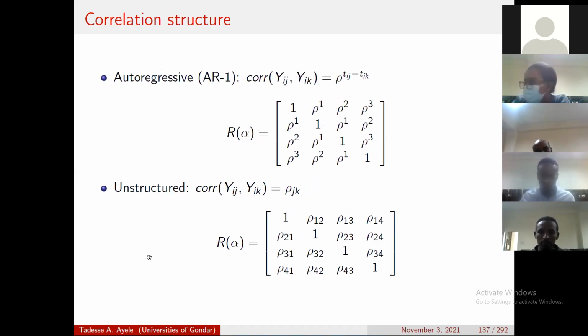The third one is autoregressive, order one. For autoregressive, if the correlation of the two observations is equal to rho raised to Tij minus Tik, then this type of correlation is known as autoregressive. And the last one is unstructured.